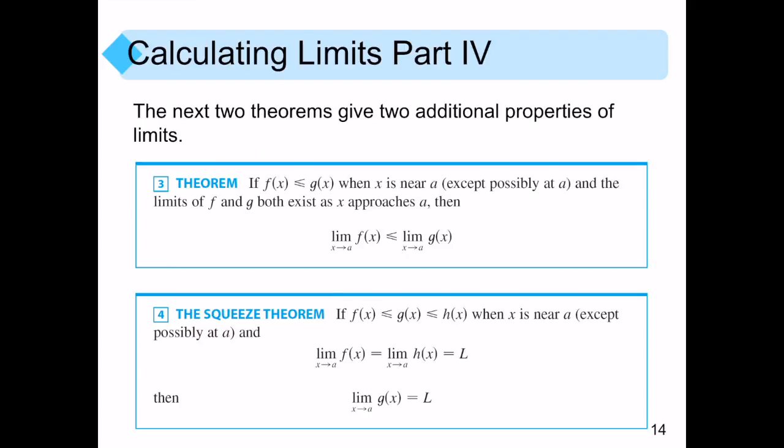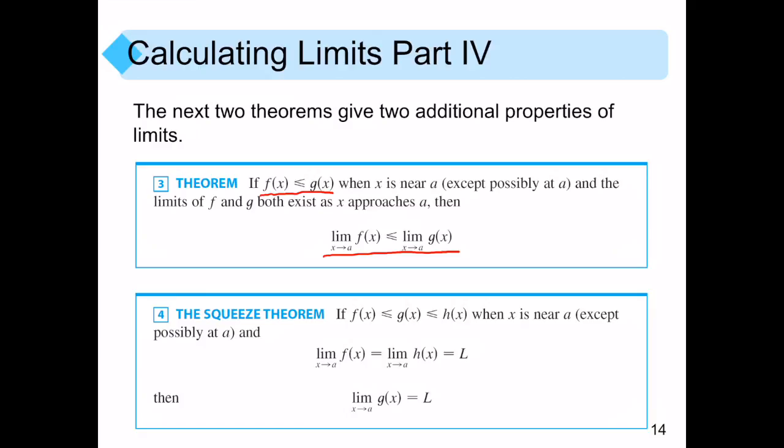The next way to calculate the limit is to use the squeeze theorem. First, I will give you a little conclusion here. If a function is smaller, its limit will be smaller.